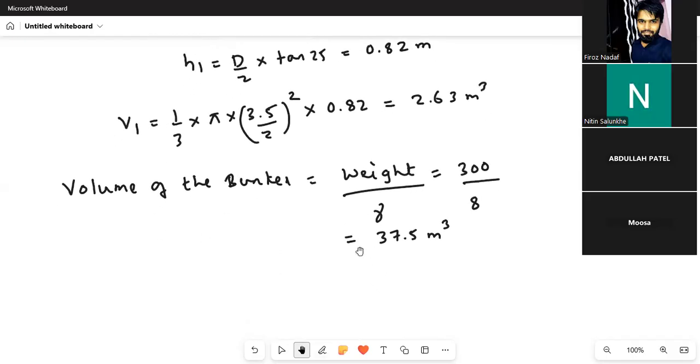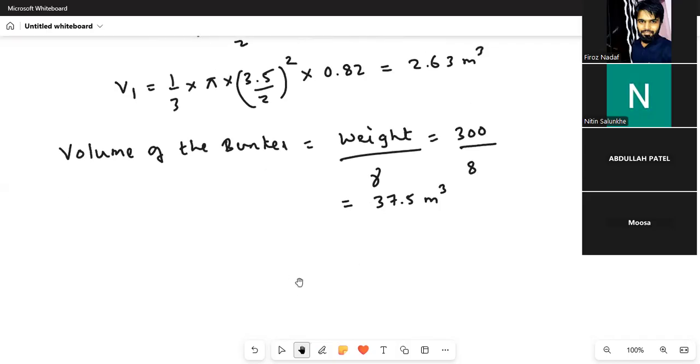So the volume of the bunker that we have gotten is 37.5 meter cube. Okay, let the hopper bottom be at 45 degree. See, this is the hopper bottom and it is also in conical shape, because the top portion is 3.5 meter in diameter and the bottom opening will also be circular.